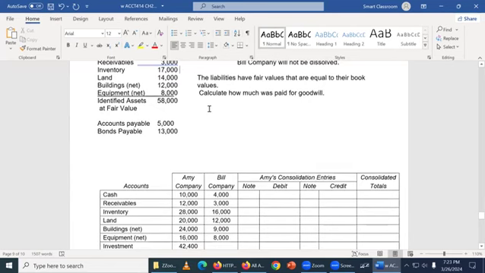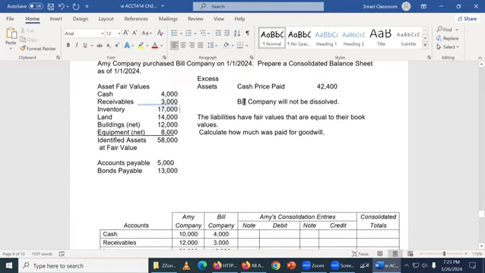Is that right? Inventory, 16,000, we got 70,000.